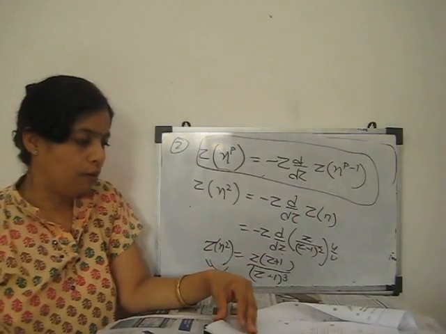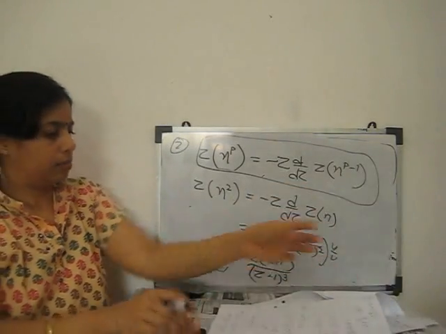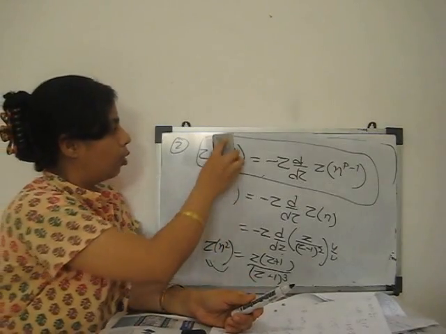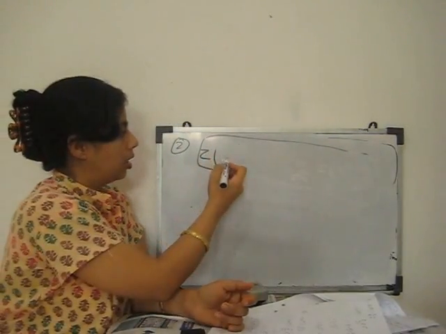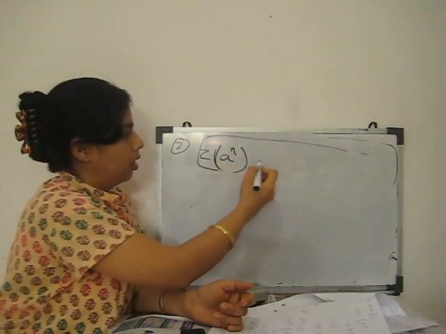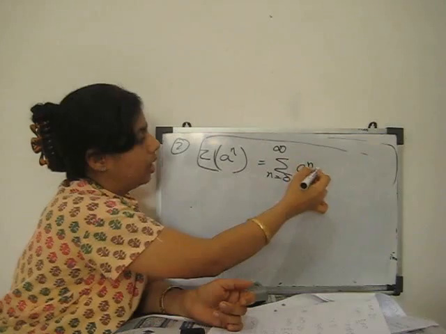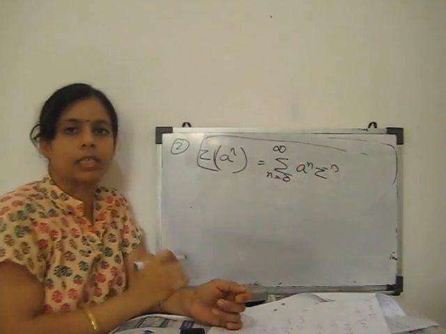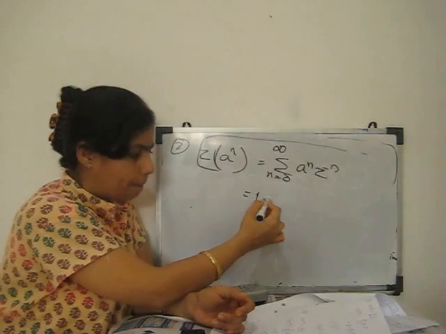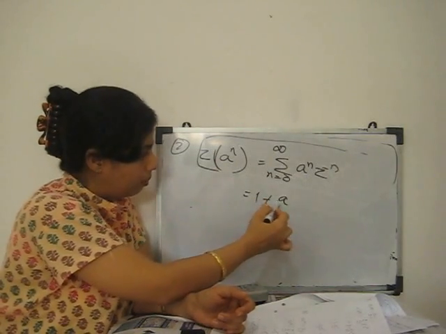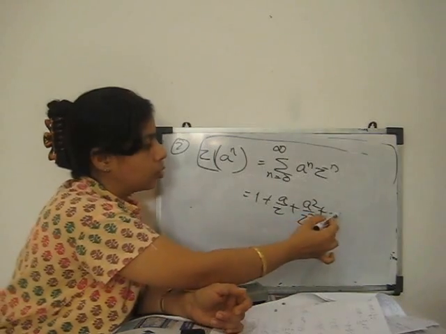Next we go further: the z transform of a to the power n. Simple. For a to the power n, you substitute in the series: summation n going from 0 to infinity of a to the power n z to the power minus n. Expand it. What is this? 1 plus a by z plus a square by z square and so on.